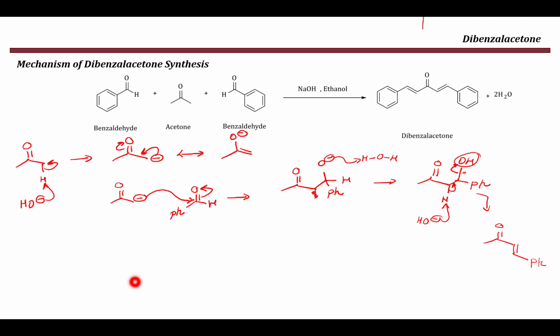Now the same steps are repeated again. So again, starting from this compound, by the action of base, OH minus attacks here. This gives the anion. The anion attacks the benzaldehyde, another benzaldehyde molecule.